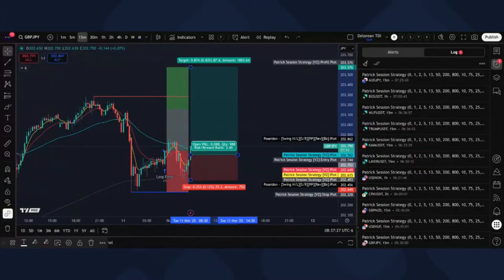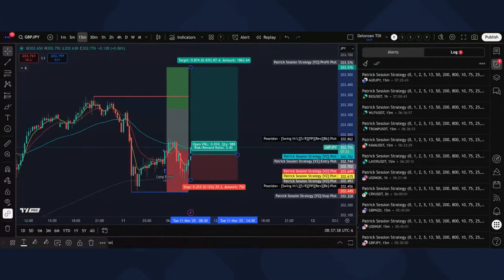Let's get this out. And the risk is 3.45.